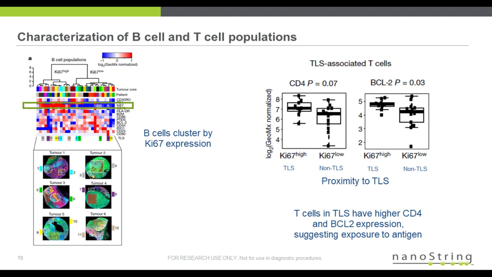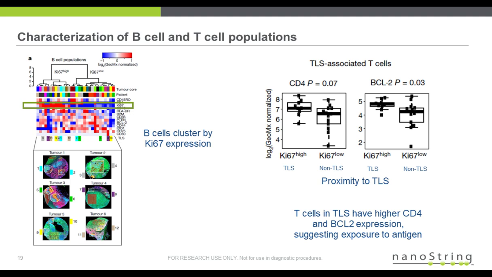And so this suggested to him that there are TLSs there at different states of maturation, where as the TLSs form, the B cells are more quiescent, and then as they go on to develop and mature and form more of an architectural structure, the B cells become activated and then are potentially able to have more impact on regulating the T cell activation.